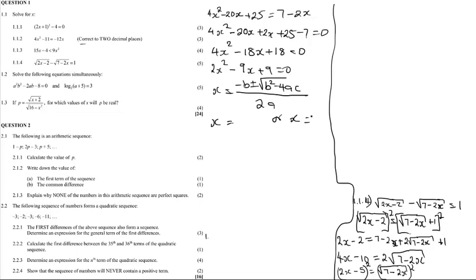So we've got negative into negative 9 plus the root of negative 9 squared minus 4 into 2 into 9, all that is over 2 into 2. Okay, and then the first answer is 3, and the second answer, just change the plus to minus, I get 3 over 2.